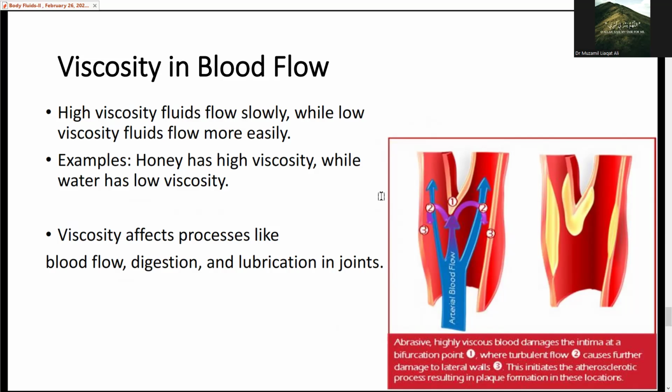Polycythemia is one of the terms, in which case there will be high viscosity, and that ultimately leads to low flow, right? And what about the anemias? There will be low viscosity and the flow will be on a higher side. So, in a nutshell, too thick, slow circulation; too thin, inefficient transport.